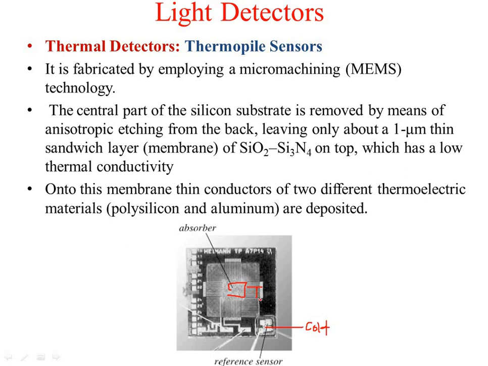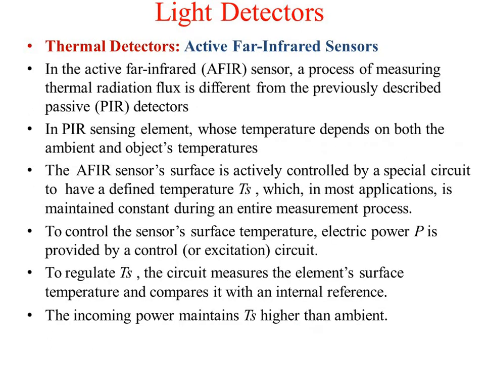This part is exposed to the thermal radiation, and that thermal radiation will be sensed, and whatever output change there is, that output change is proportional to this temperature difference, and that temperature difference depends upon your thermal radiation.